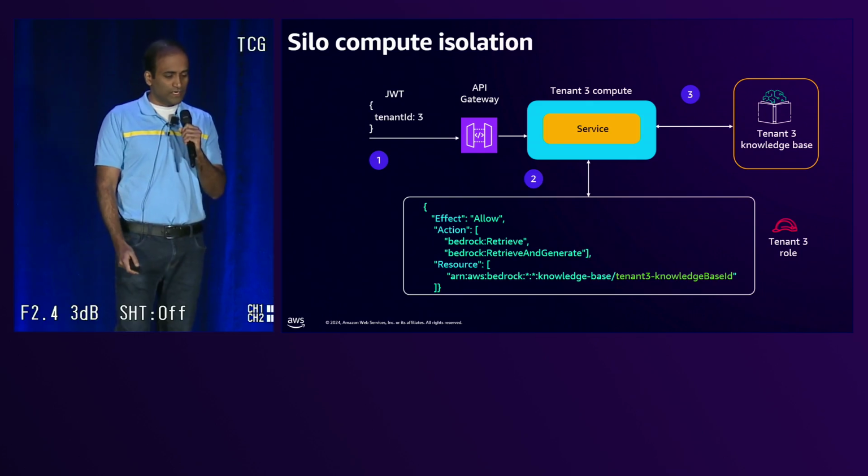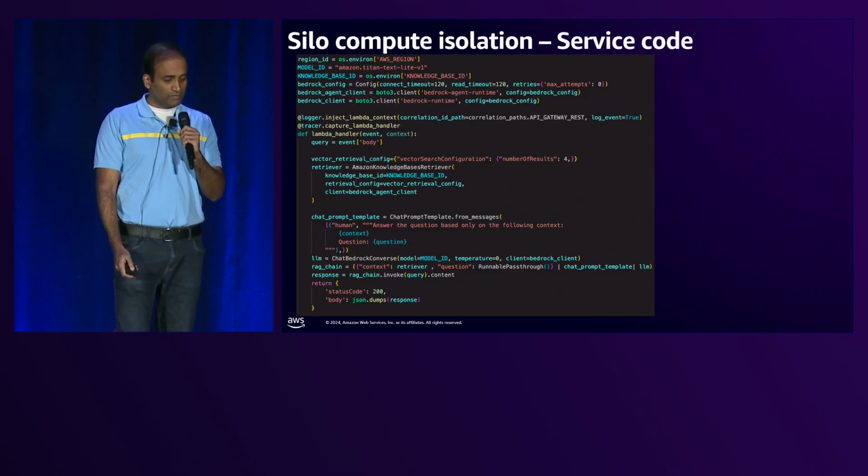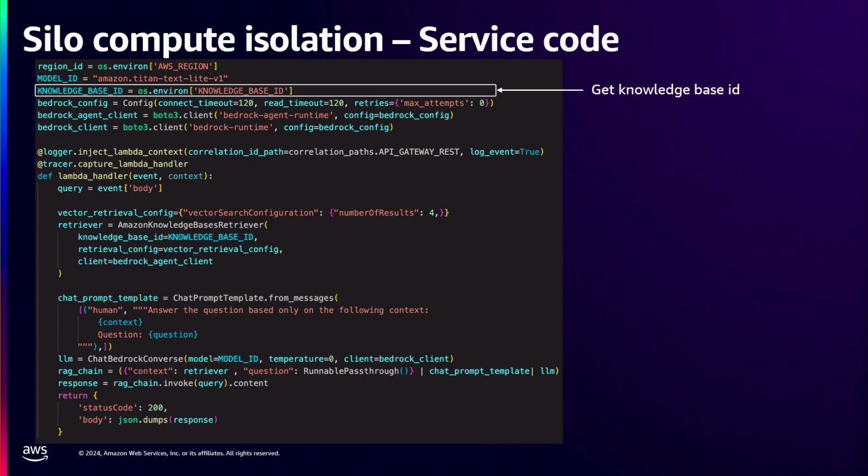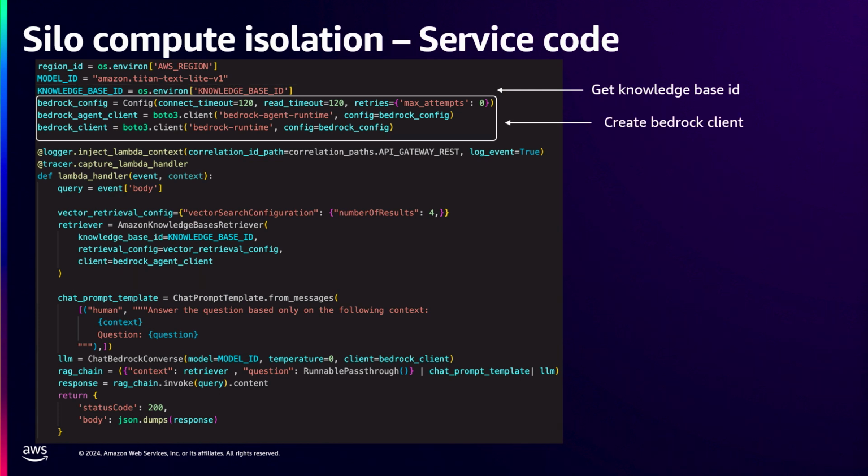If you look at the service code, you would see that since it is a dedicated service, you could directly inject the knowledge base ID into it through the environment variables. And then you would create the Boto3 client, which is the Bedrock client. Since the service is directly attached to the execution role, when you create this Bedrock client, it would get the permissions from that execution role.